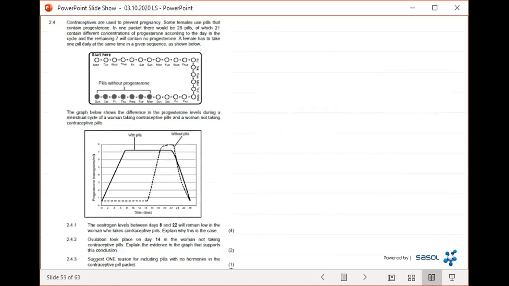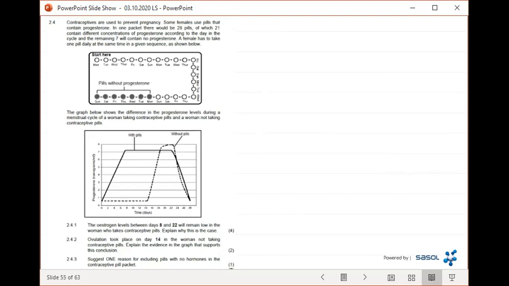And then we move on to the next question, which is question 2.4, and it reads, contraceptives are used to prevent a pregnancy. Some females use pills that contain progesterone. In one packet, there would be 28 pills, of which 21 contain different concentrations of progesterone according to the day in the cycle, and the remaining 7 will contain no progesterone.